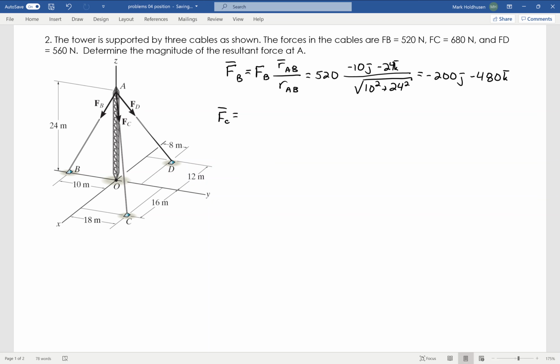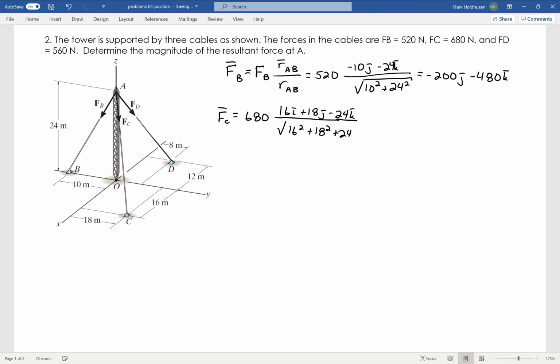I'm going to take the 680 times the xyz going from A to C. So in the x direction I go 16, in the y direction I go 18, and in the z direction I go down 24. And that's going to be divided by the square root of 16 squared plus 18 squared plus 24 squared.